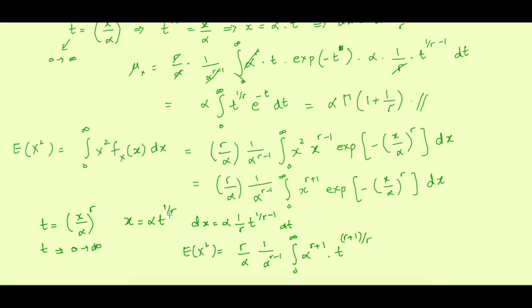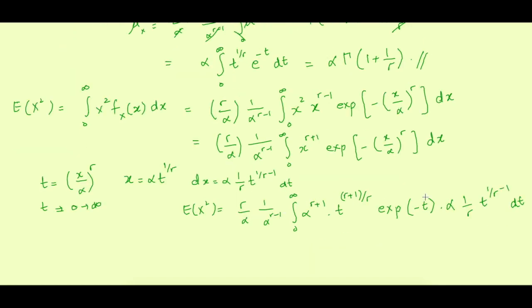Because r plus 1 here and 1 over r here, so they multiply and I will get this. Then exponent of minus t. Now dx is what? Now we have alpha times 1 over r times t to the 1 over r minus 1, then we have dt. Okay, so what can we take out?